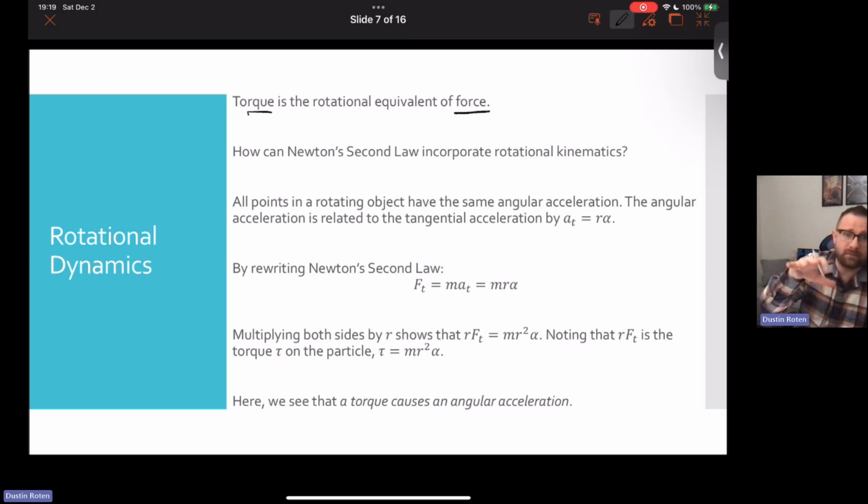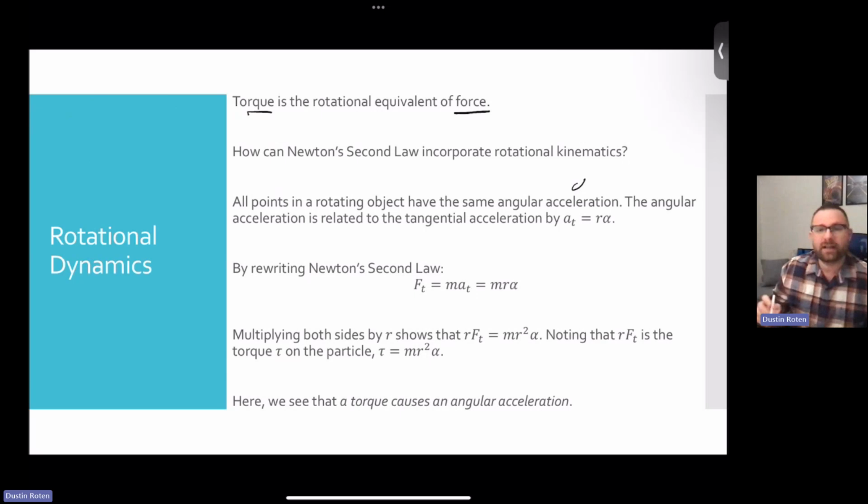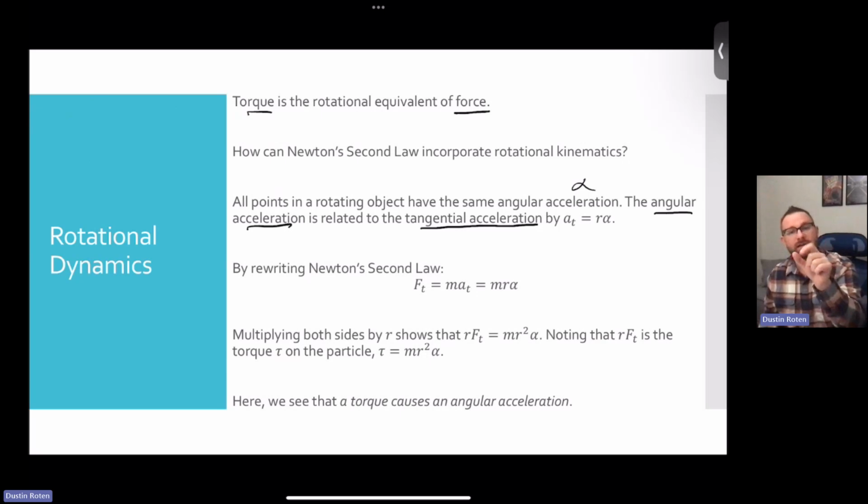All points in a rotating object have the same angular acceleration. Just like in the previous lecture, we talked about how all the points in an object have the same angular velocity. Same thing, same angular acceleration. And we do know that the angular acceleration is related to the tangential acceleration just by scaling the angular acceleration by the radius, or the distance from the point of rotation.